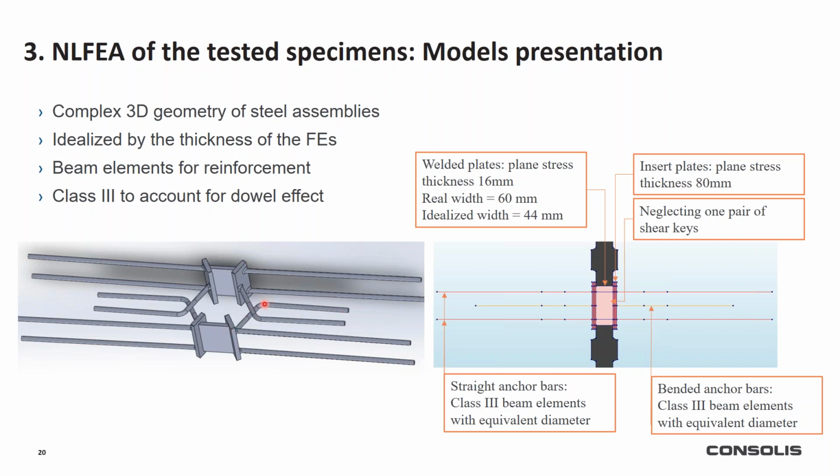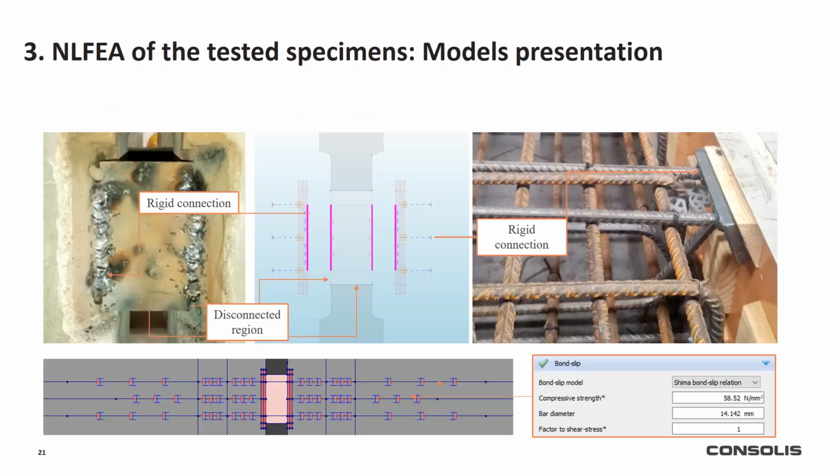And some reinforcements are bent, and they have a different strength if we look from a 2D perspective. Here are the assumptions for the interaction of the steel inserts.